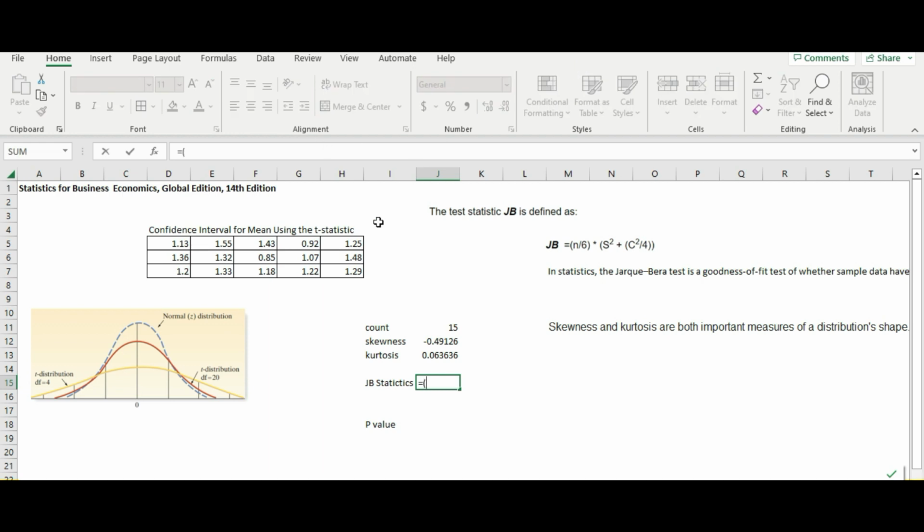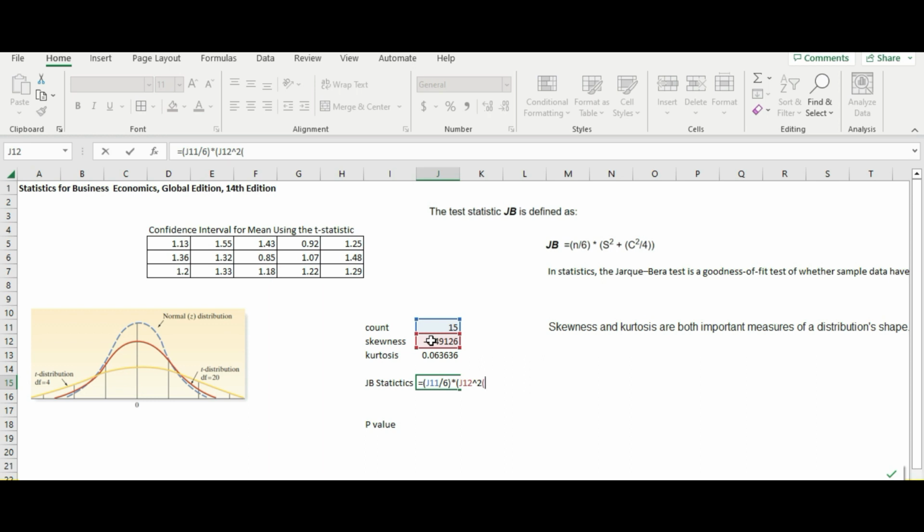First we follow this one, n over 6. n here is 15. The s here is the skewness, and then we raise it to the second power.